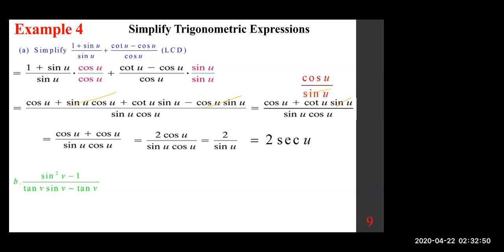When we factor the top again, it's a squared minus b squared. And the bottom, tangent is in common. So sine v plus 1, sine v minus 1, and we drop the common factor of sine v minus 1.